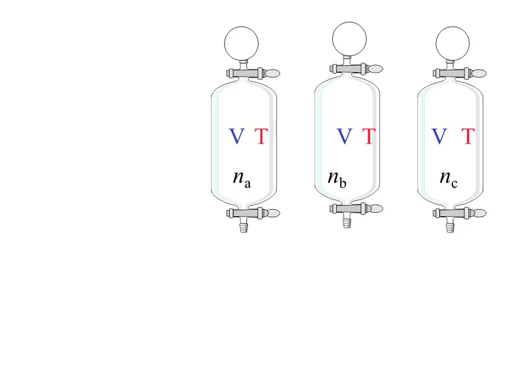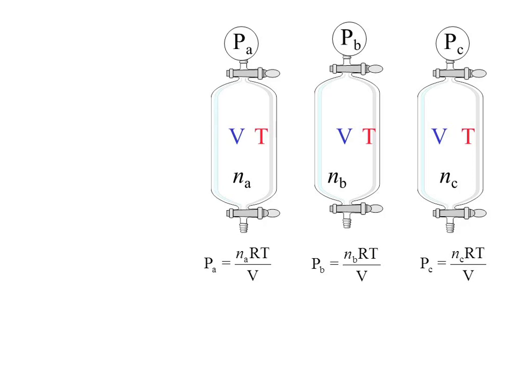So we have a certain number of moles of gas A, of gas B, and gas C. Those little circles at the top are the pressure gauges. The gauge is deflected the greater the pressure. So we have a partial pressure of component A, of component B, and of component C. These are 3 different gases.